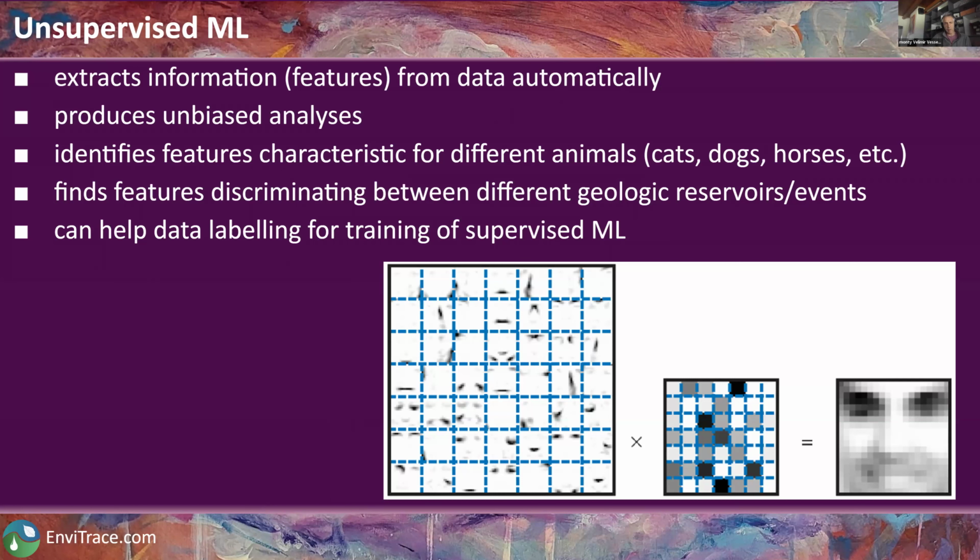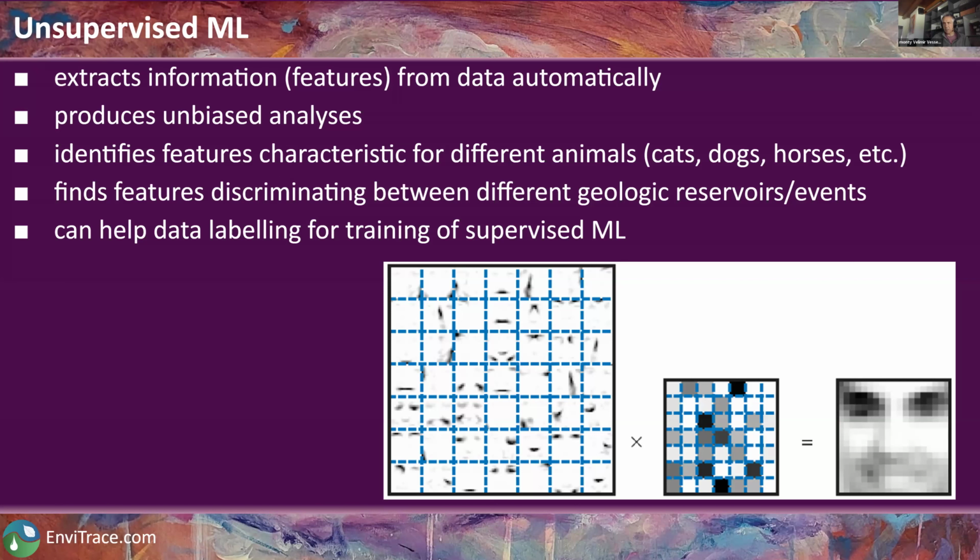You have 1,000 images of different people, and you analyze these images and find common features that exist in these faces. You find common eye shapes, common nose shapes, common eyebrow shapes, chin.